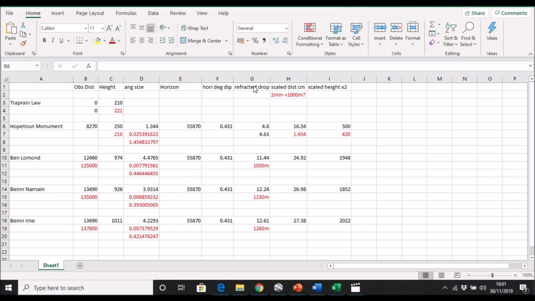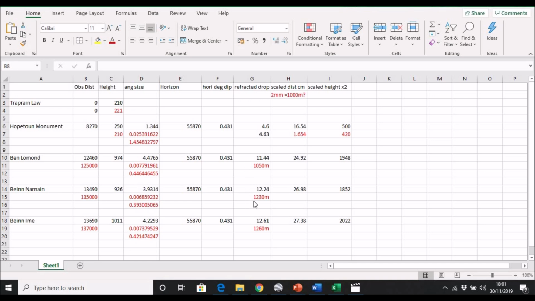The same applies to refracted drop, but I think it's worth pointing out here that he's got refracted drop completely wrong. I'm assuming his units here are meters. Now, the refracted drop to the Hopeton Monument is about 4.6 meters, and he's got that right. But to Ben Lomond, the refracted drop is just over 1 kilometre, and he has 11.4 meters.